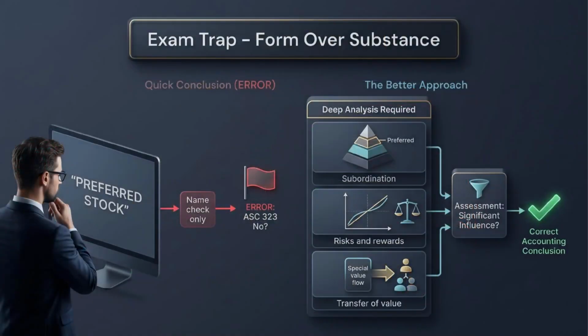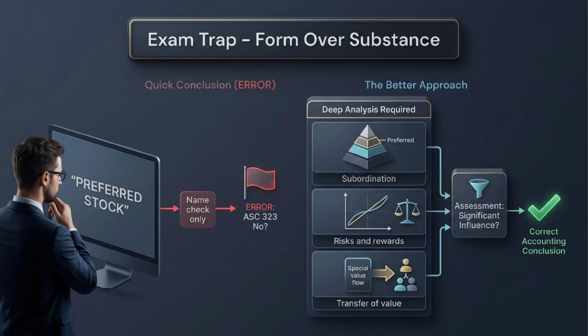Here is the exam trap. The question says preferred stock, and the learner immediately concludes that ASC 323 cannot apply. That is a form over substance mistake. Preferred stock may or may not be in substance common stock depending on its terms. The better approach is to apply the three economic tests: subordination, risks and rewards, and transfer of value.